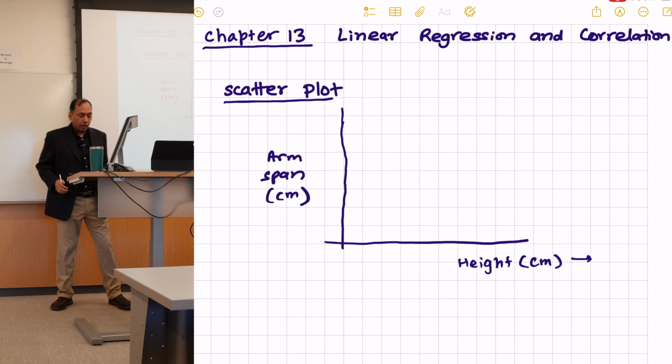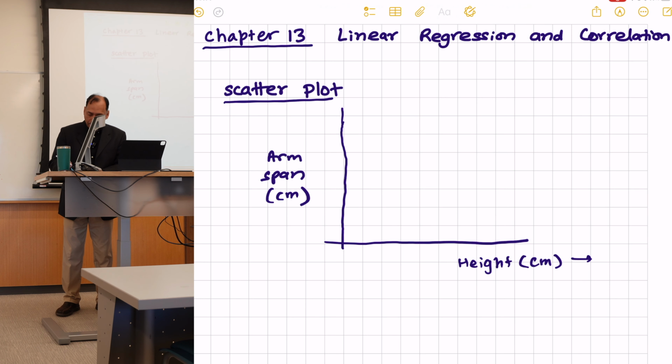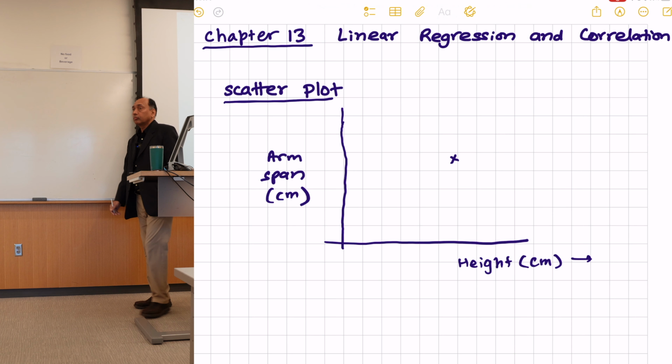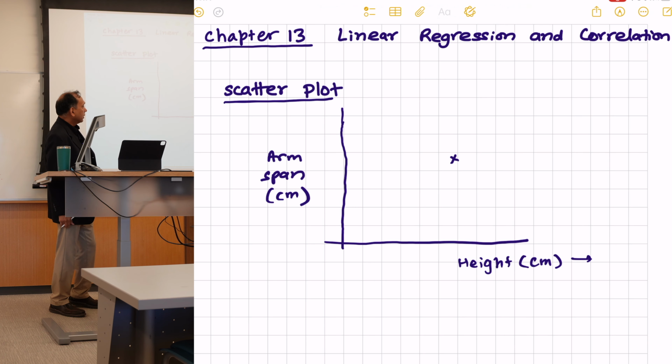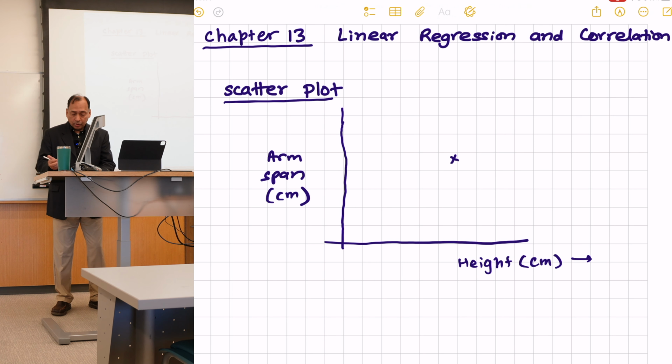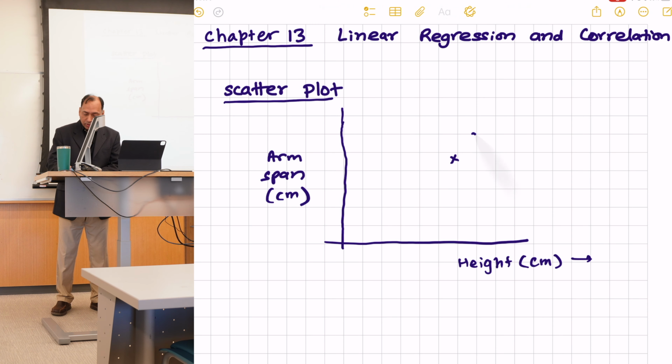If we plot these two variables, and let's say for one person we get this value, for some height that's the given arm span. Then you collect data on another person, it looks like this. Then you have something like this.